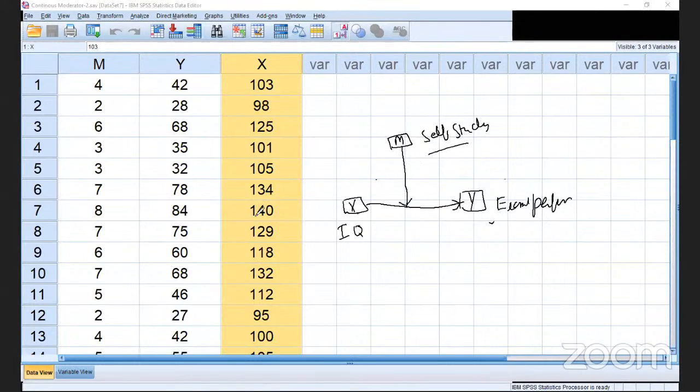Sometimes when units are not the same, we should standardize our data, because the unit of self study is different from performance and IQ level.